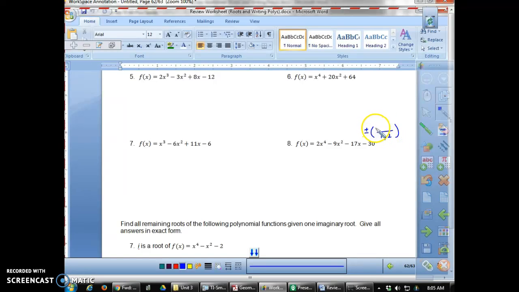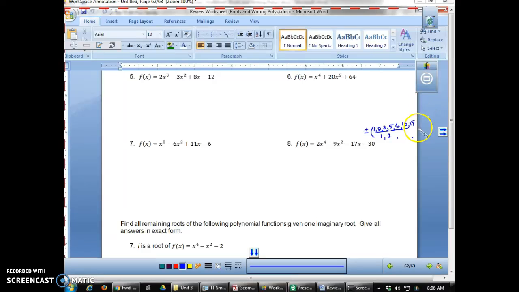So factors of 30 are going to be 1, 2, 3, and then I have 5, I have 6, and then I have 10, and then I have 30. So I'm looking for all of those paired with 1, so whole numbers of all those, and also all of those over the number 2. So I also need 15, sorry. And so lots of possible rational roots.